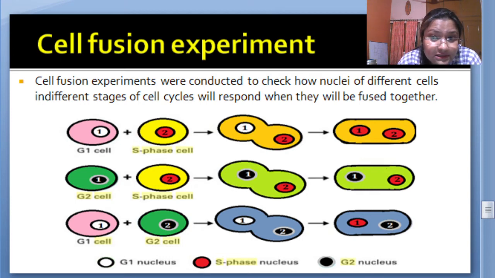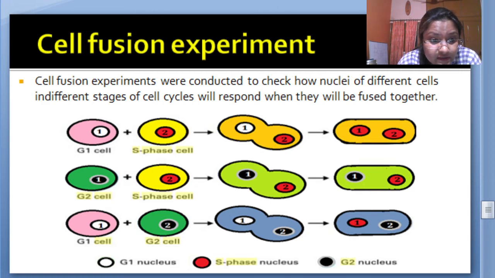Now, in the third experiment, the G1 phase cell was fused with a G2 phase cell. What was the result? We can see the G1 phase nucleus entered into S phase readily, because it became red in color.